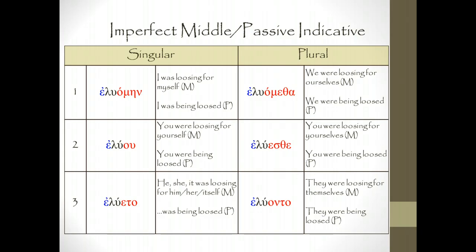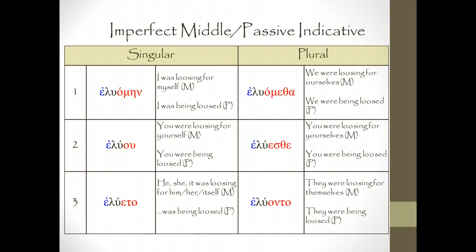Also keep in mind that you need to include the words "was" or "were" when translating this, and that this is either middle or passive. So eluomen can be "I was loosing for myself" or "I was being loosed." Eluou: "you were loosing for yourself" or "you were being loosed."